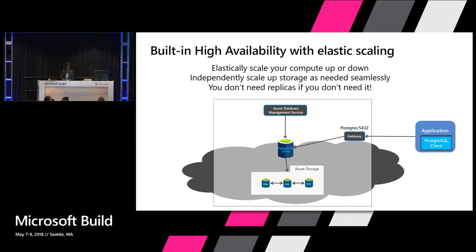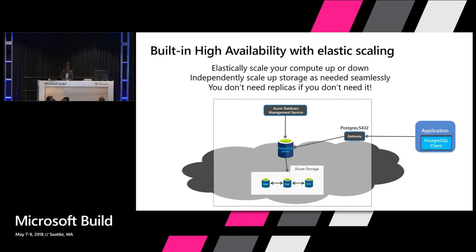And then why do we have that? Well, it's not there just to give developers annoyance and try to make them use some non-trivial stuff. The reason the gateway exists is very fundamental to how our built-in high availability works.